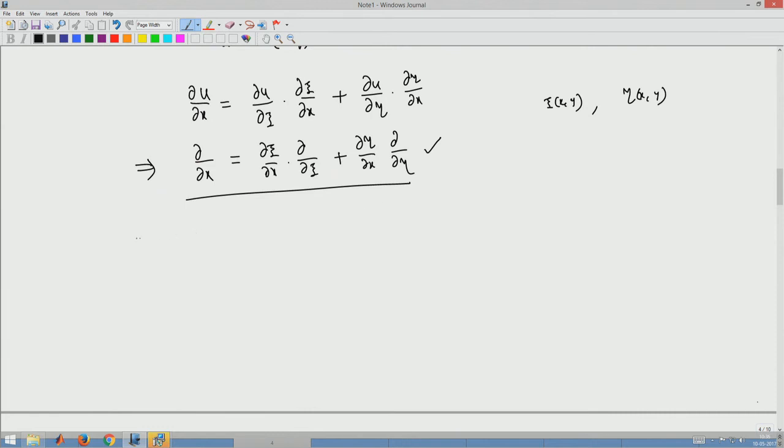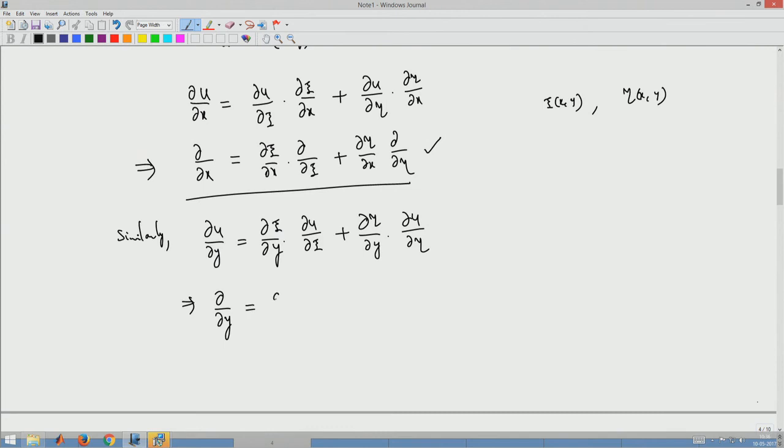In the same way, I can get dou u by dou y as dou xi by dou y into dou u by dou xi, plus dou eta by dou y into dou u by dou eta. So that implies dou y is equal to dou xi by dou y into dou xi plus dou eta by dou y into dou eta, as an operator.